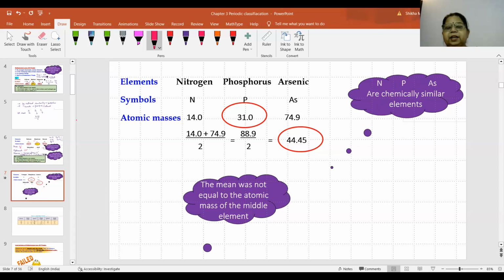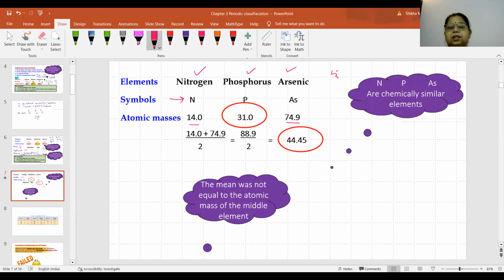But there came the issue or the concern. He observed that nitrogen, phosphorus, and arsenic, as displayed here, show similarity in properties. All of them have the same number of electrons in the valence shell. That is, nitrogen has 5, phosphorus has 5, arsenic also has 5 electrons in the valence shell. But if he arranged them in the increasing order of their atomic masses, nitrogen followed by phosphorus followed by arsenic, the atomic mass of nitrogen is 14, that of arsenic is 74.9.